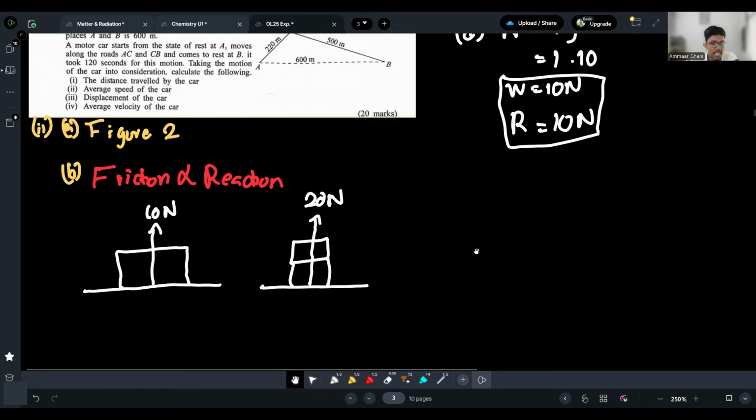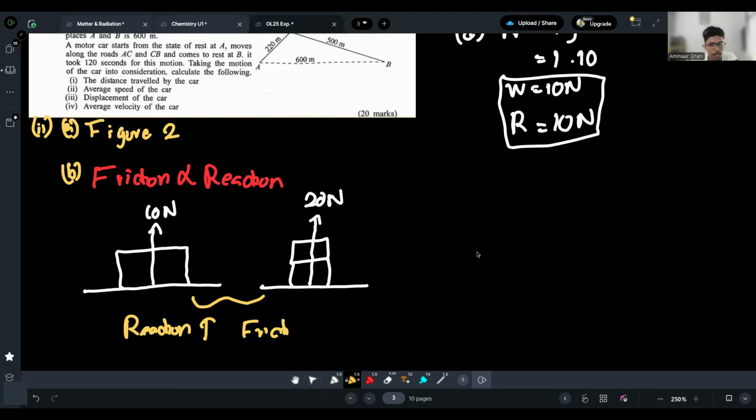So if normal reaction increases, friction will also increase. Also, if normal reaction reduces, friction reduces. So you can tell that.